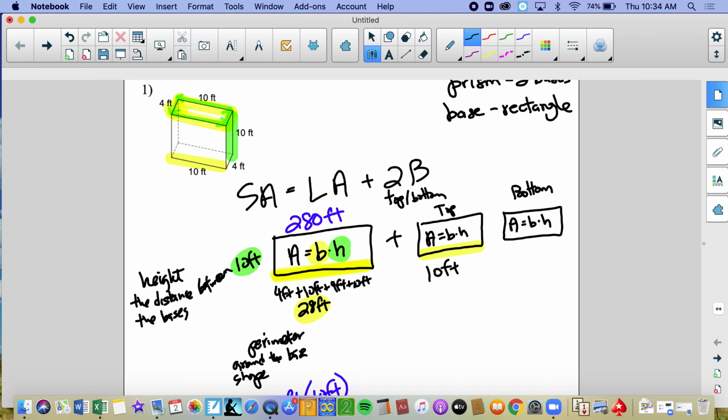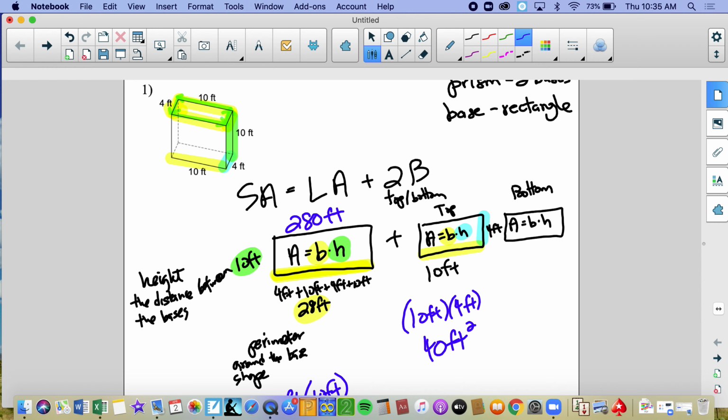And then the height of that object is going to be this distance, which is 4 feet. So area equals base times height. Area equals base, which is 10 feet, times the height, which is 4 feet, which gives me 40 feet squared.